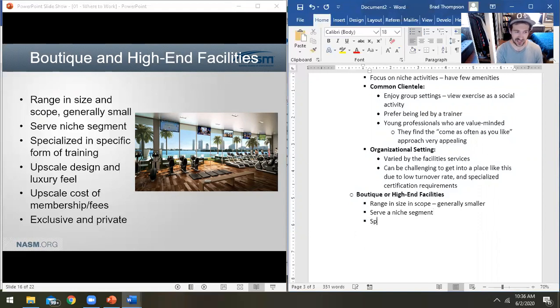They usually specialize in specific forms of training. And what I mean by that is they often have in-house certifications. Equinox actually has Equinox Academy, which teaches you how to get, I don't know, Equinox core training level 1, and so on.